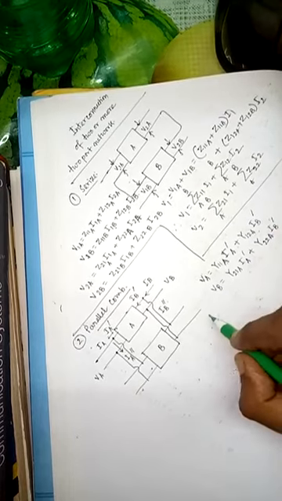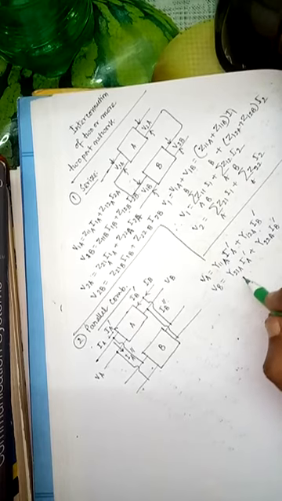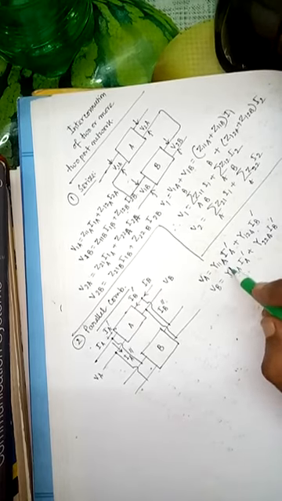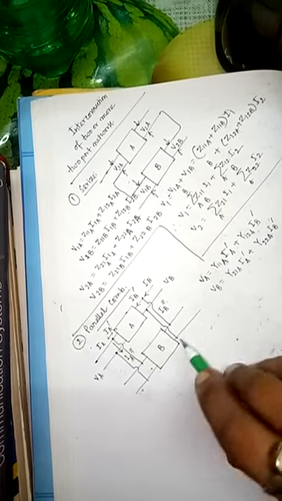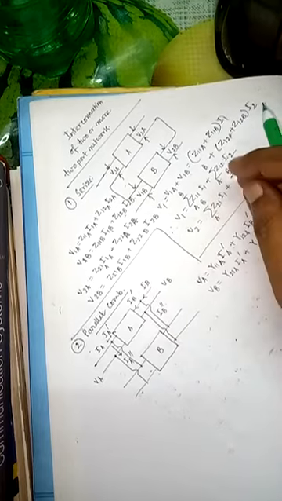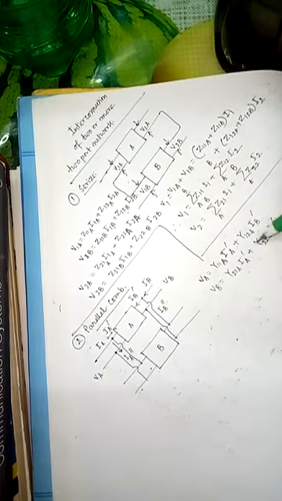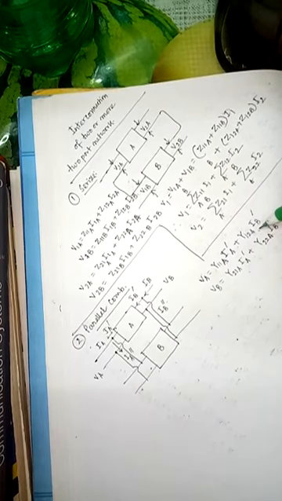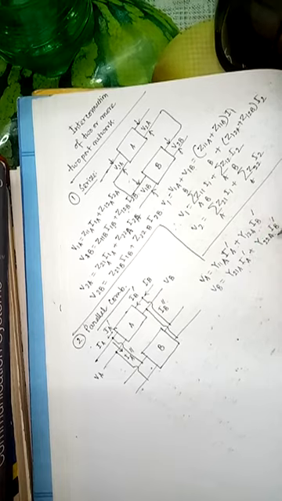If you take the second network, it will be the same, but instead of this you should write Y11B, Y12B, and in the next case Y21B, Y22B.